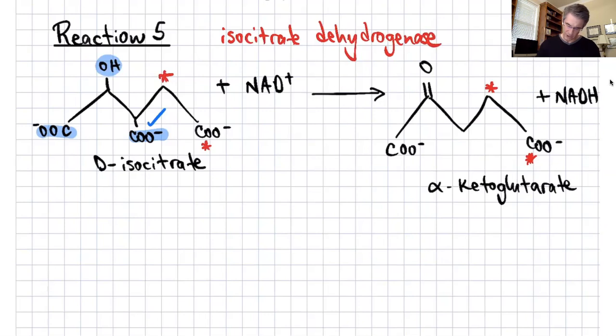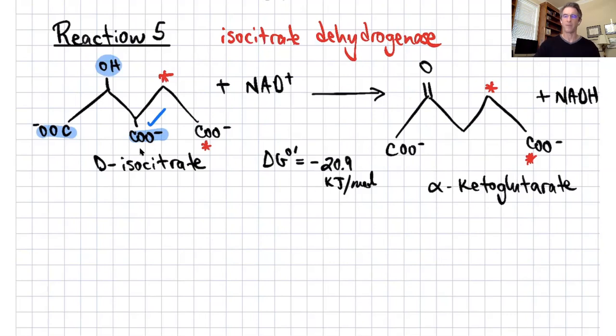The standard state free energy change for this reaction is quite favorable, minus 20.9 kilojoules per mole. And you can see why, right? Just like we saw with the pyruvate dehydrogenase reaction, we're powering an oxidative decarboxylation reaction.